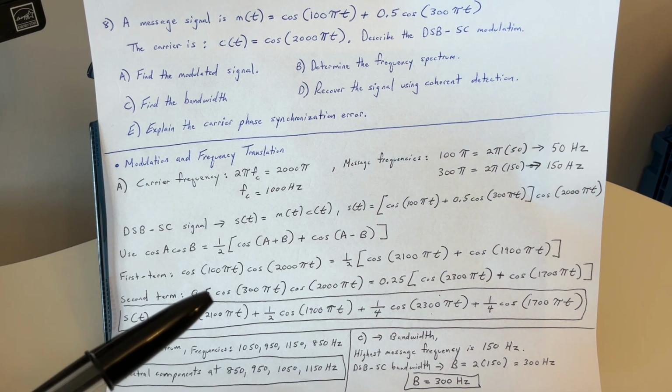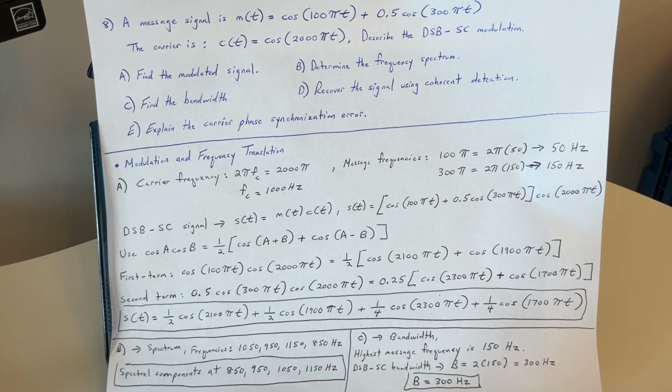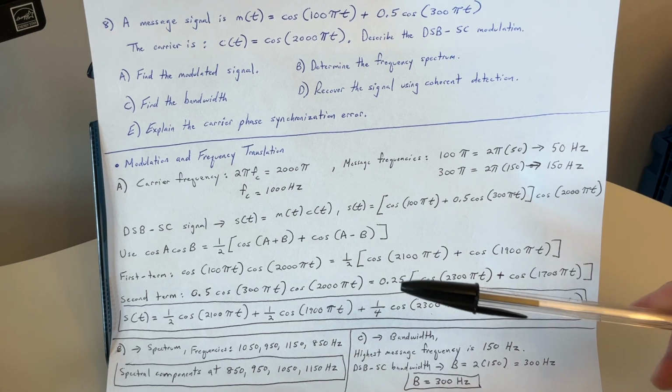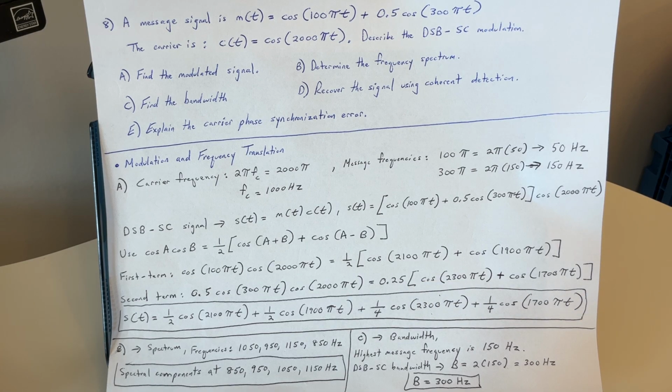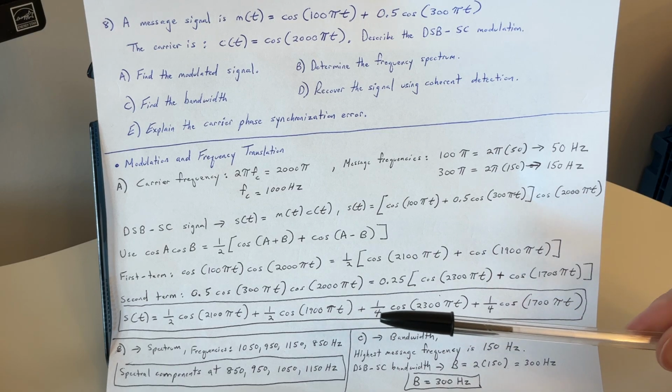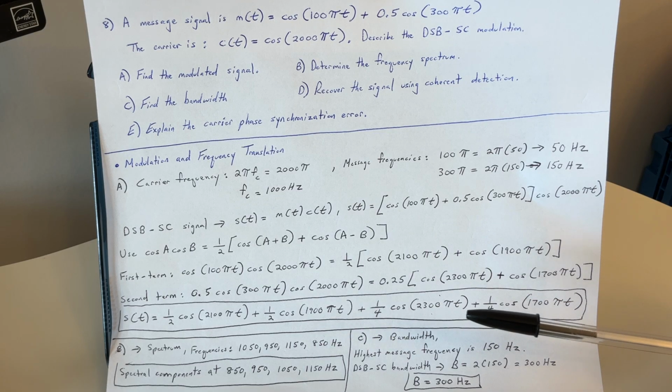Second term is 0.5 cosine of 300 pi t, cosine 2000 pi t equals 0.25 bracket cosine of 2300 pi t plus cosine of 1700 pi t. So our S of t is going to equal the following: 1/2 cosine 2100 pi t plus 1/2 cosine 1900 pi t plus 1/4 cosine 2300 pi t plus 1/4 cosine 1700 pi t for the modulated signal.